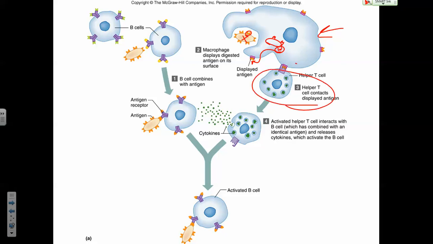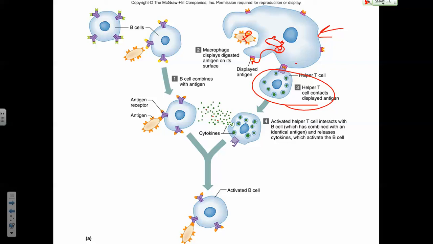It's getting activated, and when it gets activated, it proliferates, which is not shown here, but the secreting cells of the clone start releasing these cytokines, and these particular cytokines enhance the activation of a B cell, or they may help a B cell proliferate more.